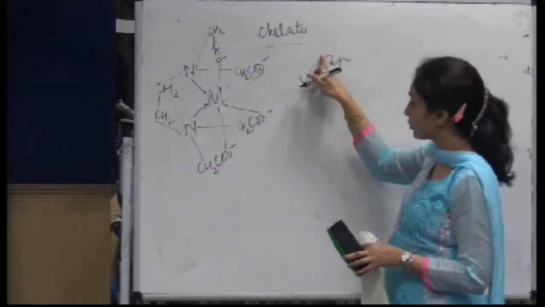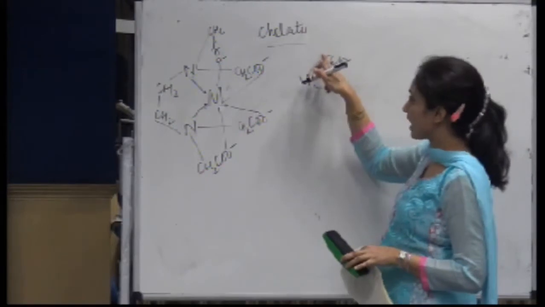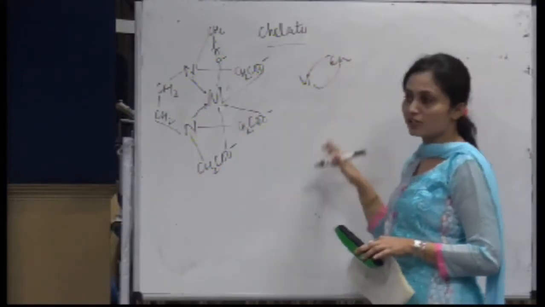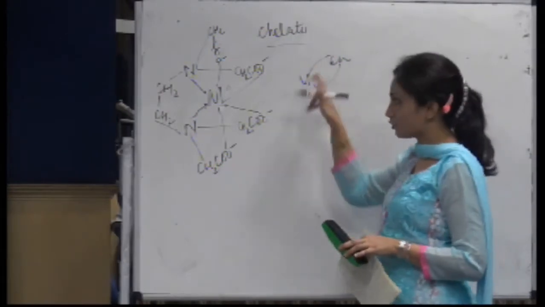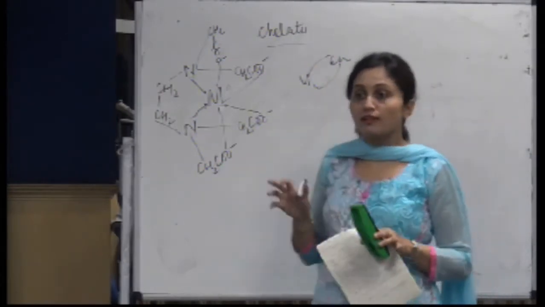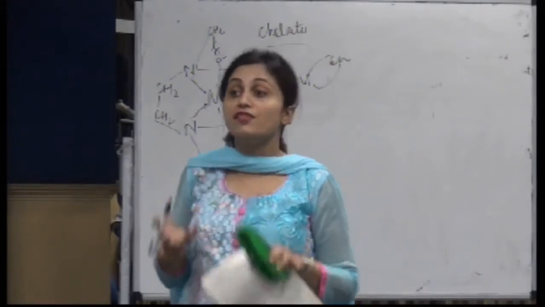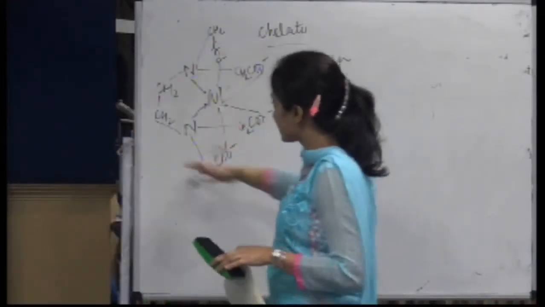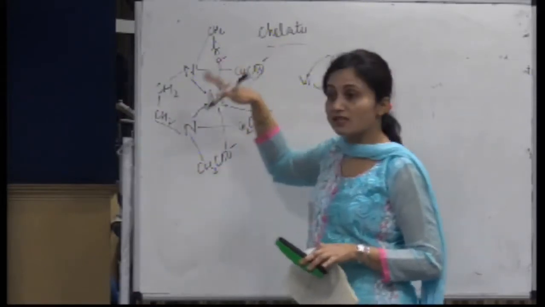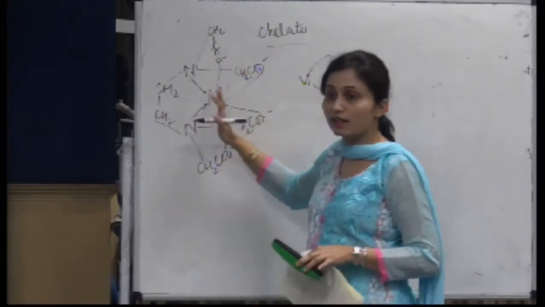How was it shown? You are shown the metal and then you are shown an en like this. So it forms a ring kind of a structure. कैसे? You know it very well that you will have an N here and an N here, बीच में CH2 and NH2 and NH2 on the other side. So it will also form. So wherever you get a ring formation, there the stability of that complex is very, very, very high. So the metal EDTA complex looks like this, and the stability is very high because of a stable ring formation.